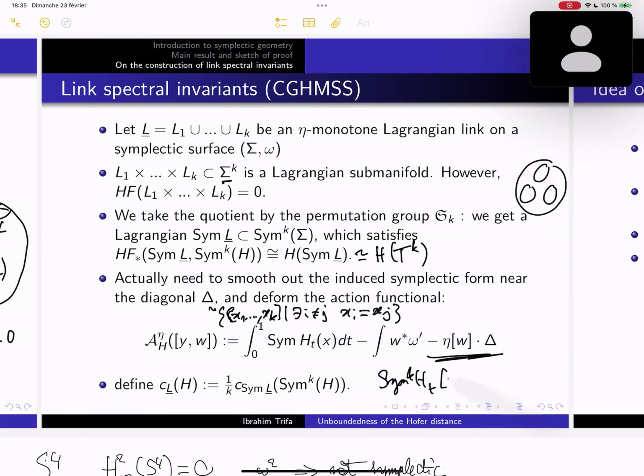It takes as an argument k points, and it is just the sum of H_t of x_i over i.